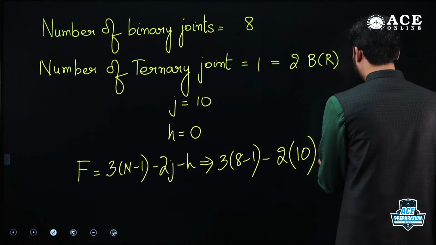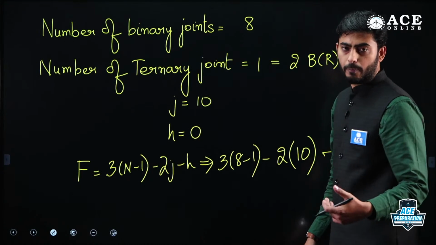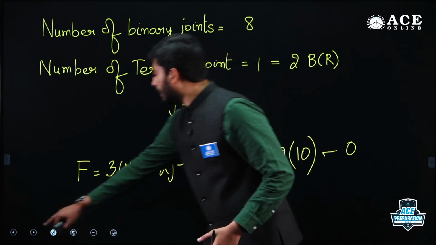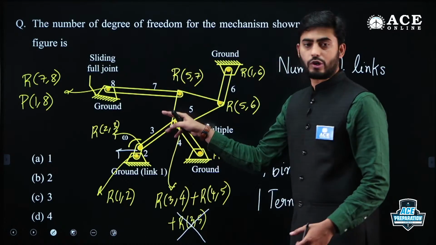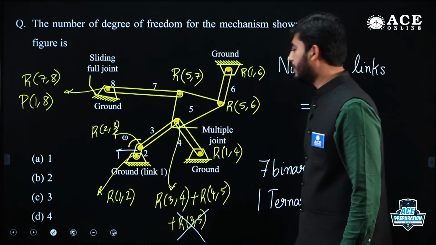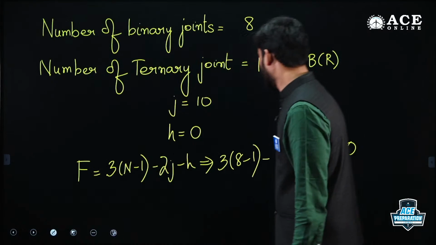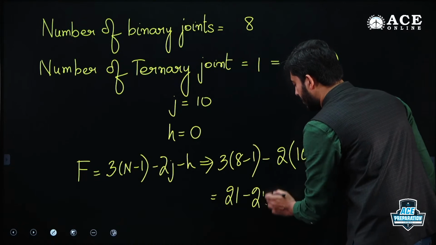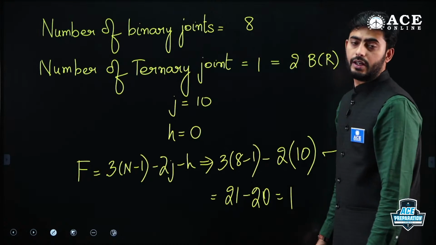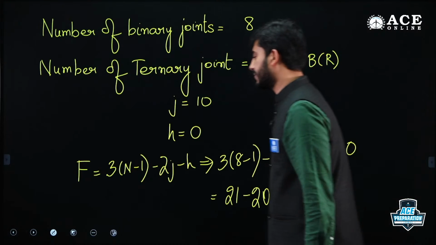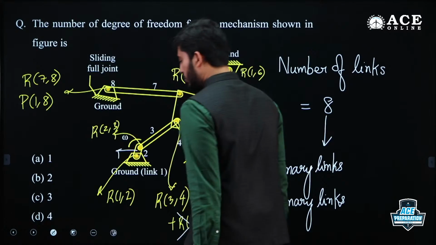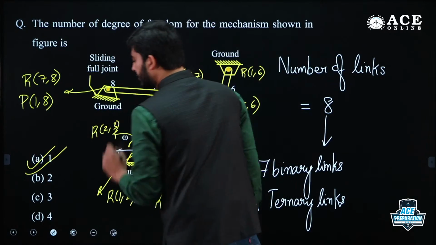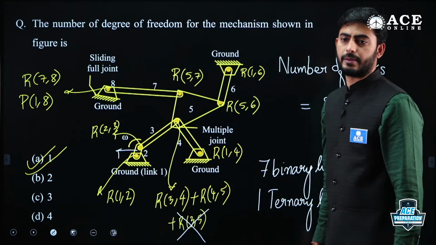Higher pair, of course, is 0, as there is no point or line contact between the elements of this mechanism. So this will be 21 minus 20, that is equal to 1. Degrees of freedom will be equal to 1, guys. So option A is the answer.